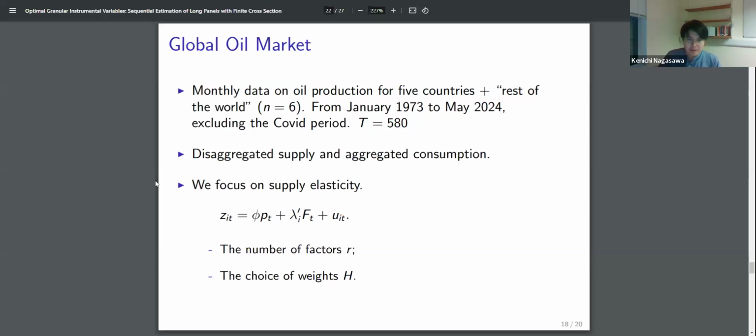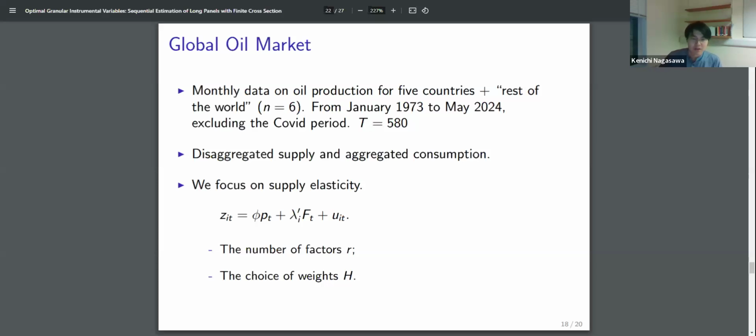For this illustration, I'm going to focus on the supply elasticity, which is the disaggregated equation, where I want to estimate the supply elasticity parameter phi. And I hope you remember from several slides before, to estimate this parameter in the disaggregated equations, you need to choose a valid weight vector h, and that can also affect the asymptotic efficiency of this estimator.